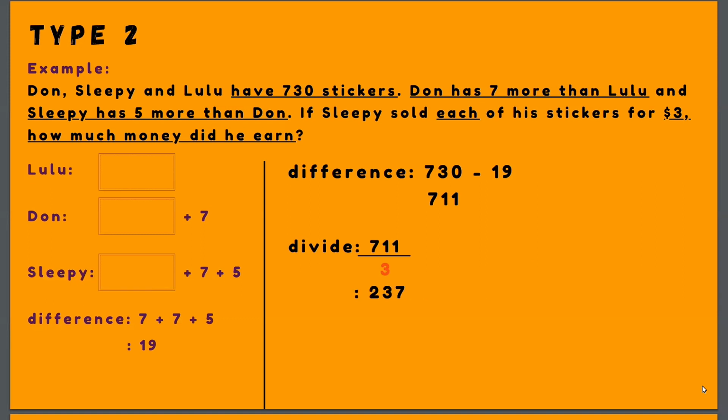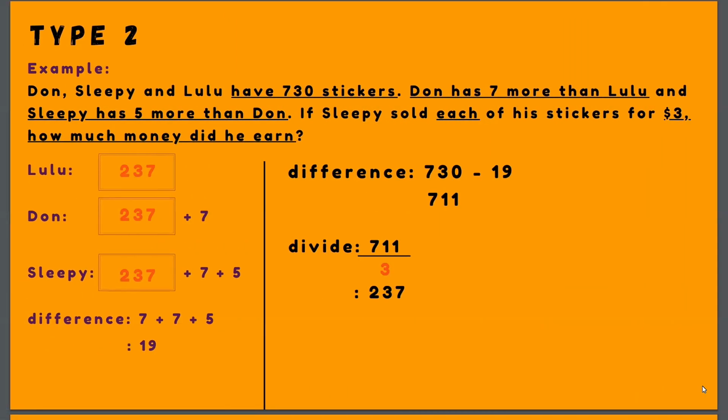You see, we see 3 empty boxes. So we divide by 3 because we know that the same number is going to be written in each of those boxes. So 711 stickers divided by 3 leaves us with 237 stickers. So we notice that 237 was placed in each box.